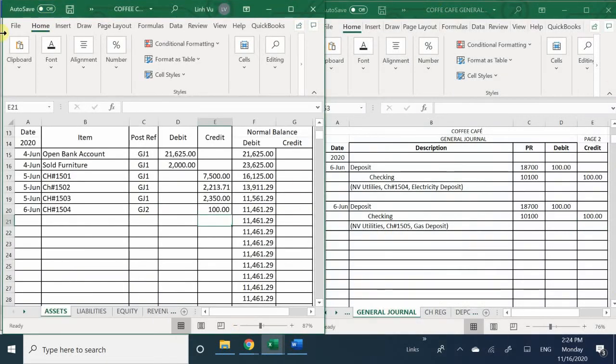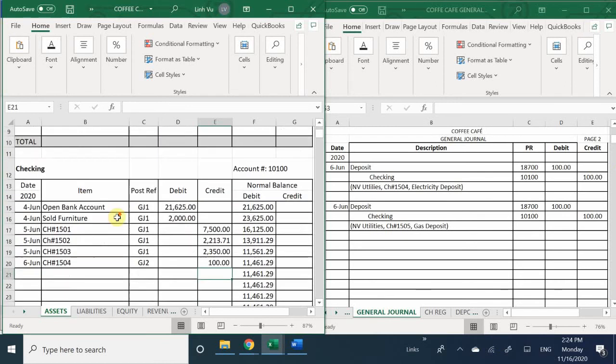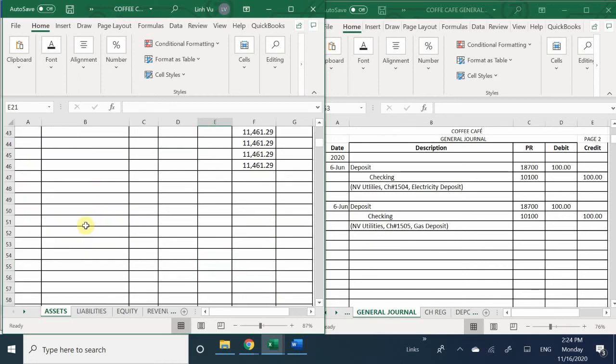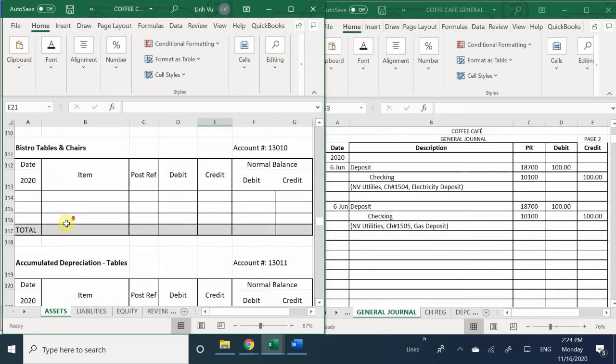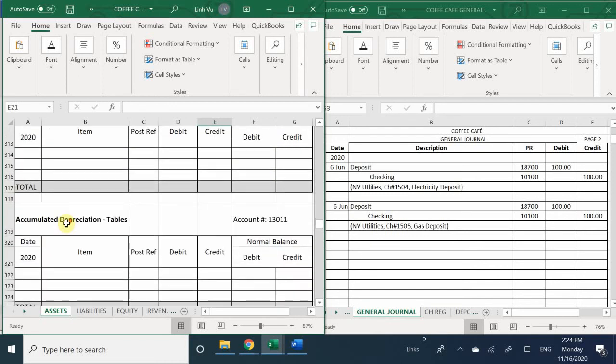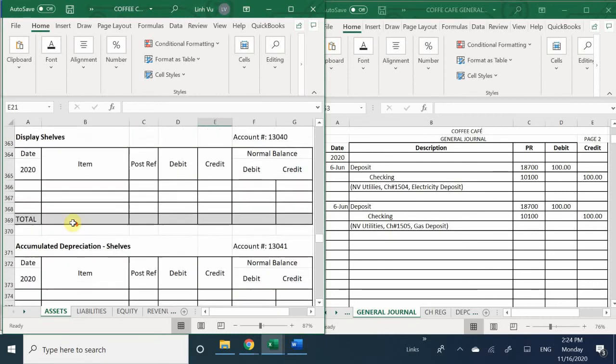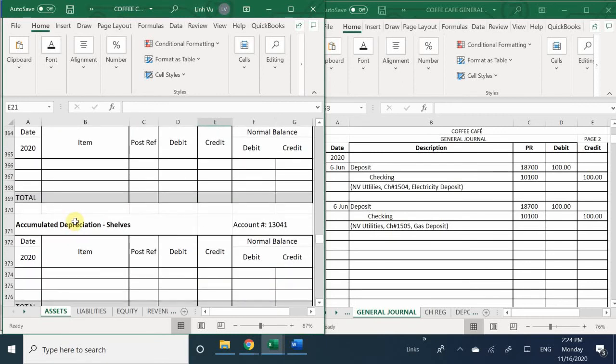Going back down to assets, here I'm already at my checking account. Now what I recommend you to do is just do it in order so you don't forget. So I'm going to scroll all the way down to my deposits first and then enter in my checking afterwards. If you're good at this and you've been doing this for a while, do what you want to do.